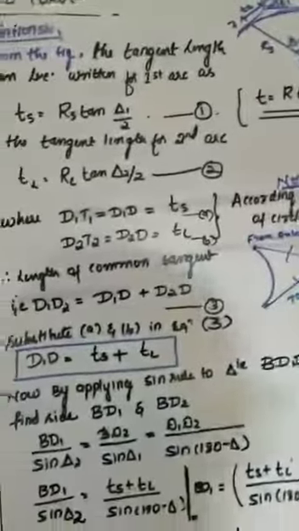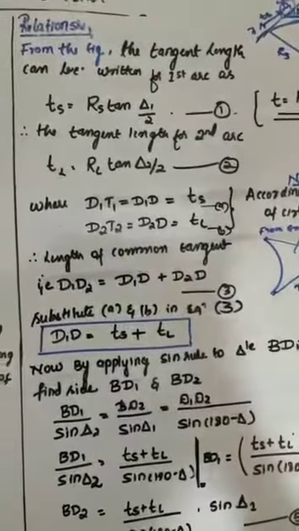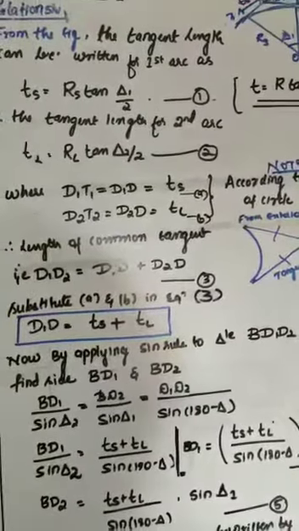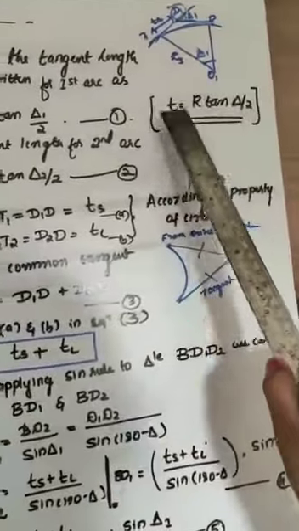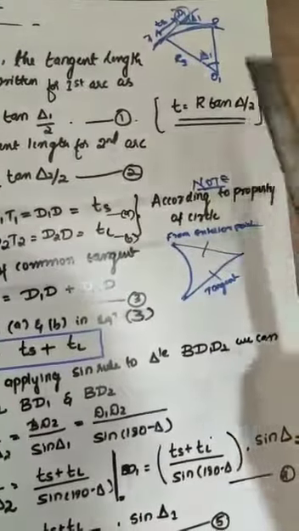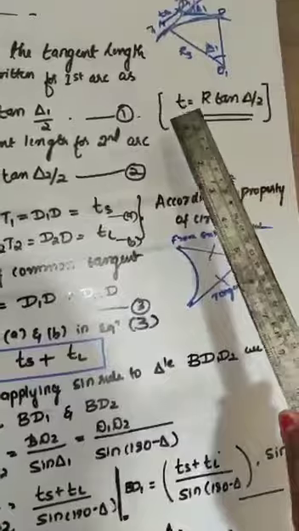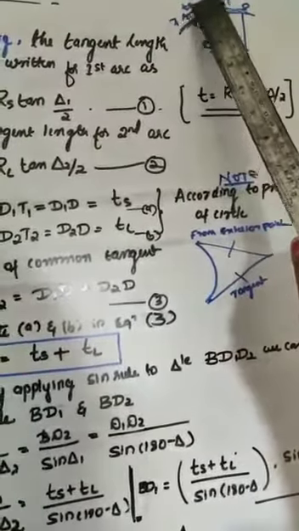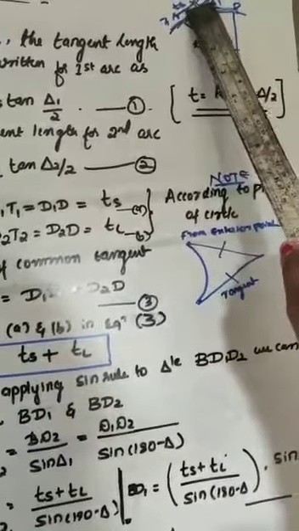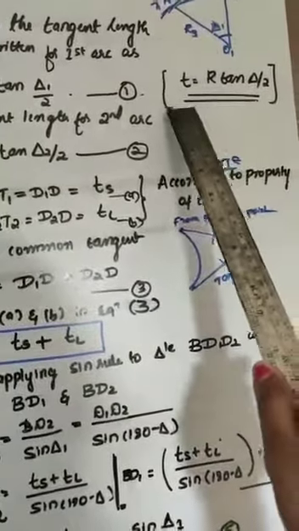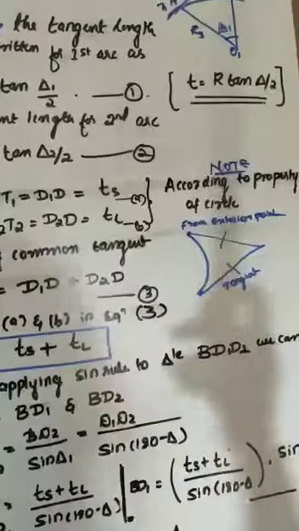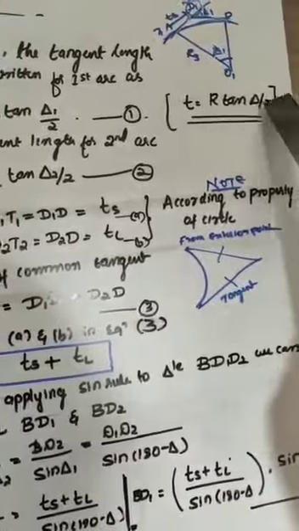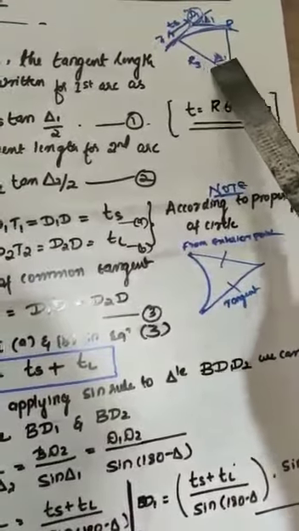Okay, so for the first arc, we know the formula for the tangent length that we derived in the previous derivation: T is equal to R into tan delta by 2. But in place of small t, here it is Ts, in place of R it is Rs, and in place of delta it is delta 1.